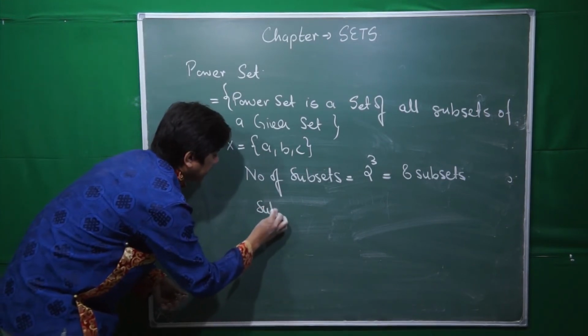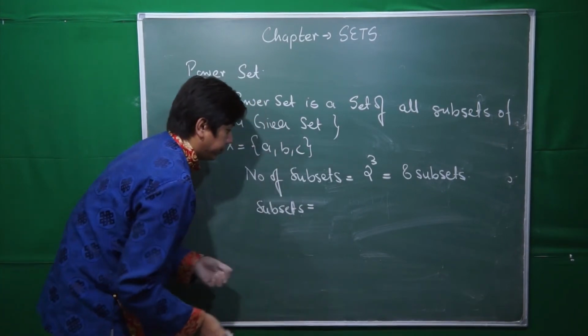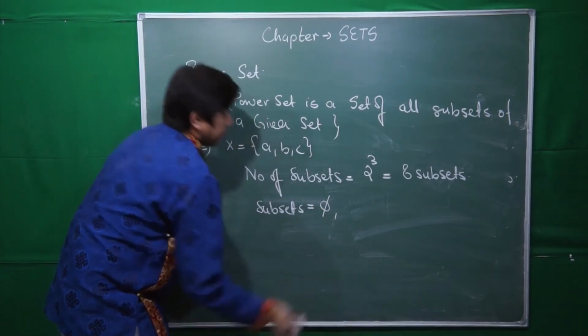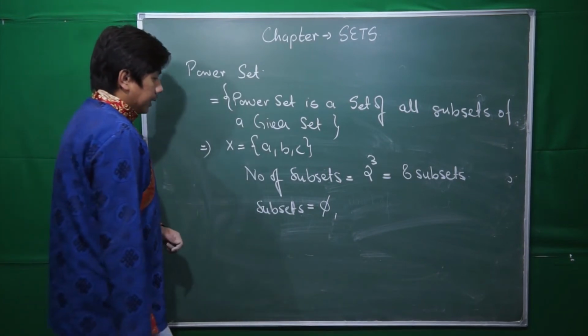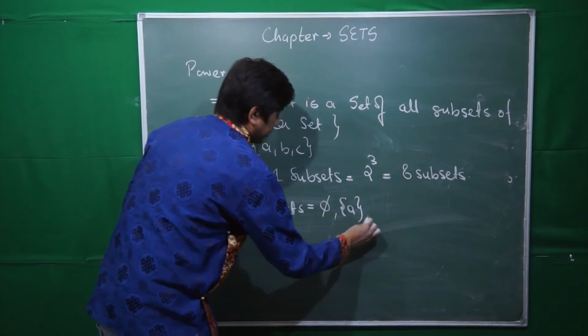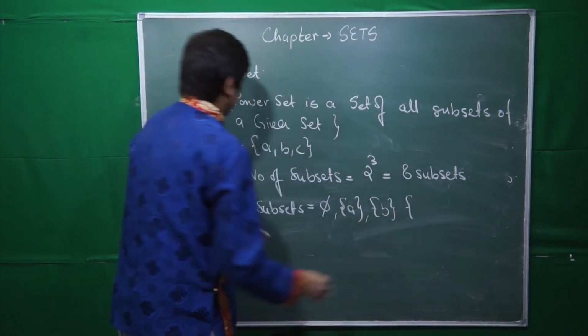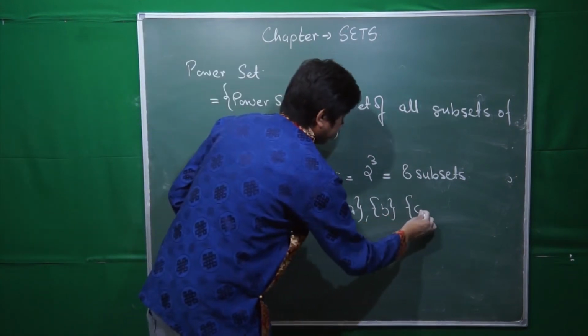The subsets would be, as you remember earlier, null set. Okay. Next one would be singleton set {A}, singleton set {B}, singleton set {C}.